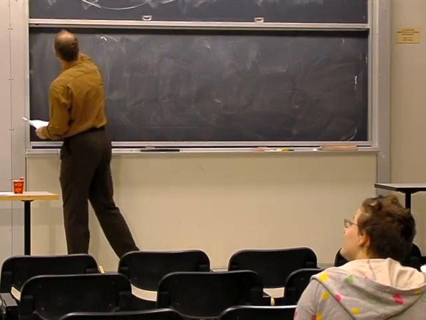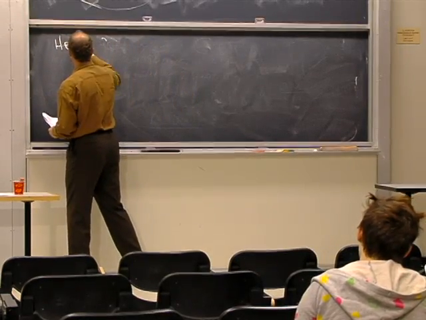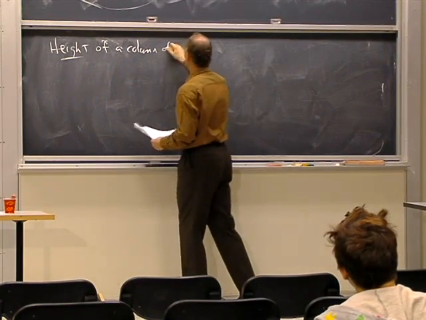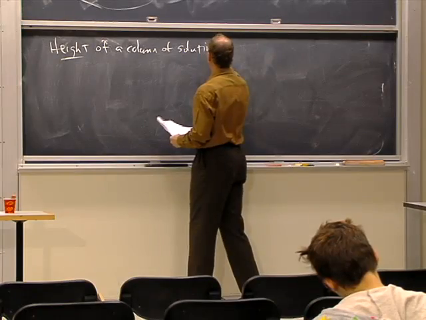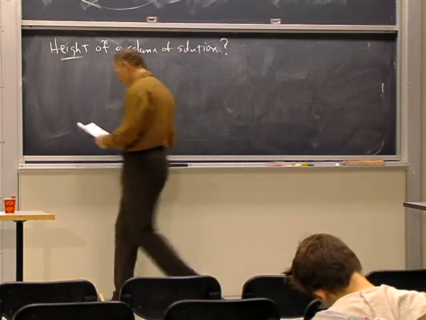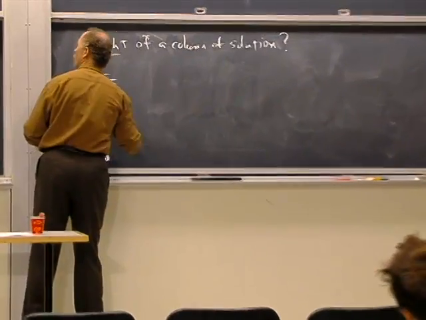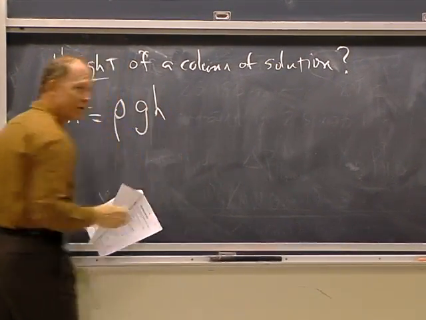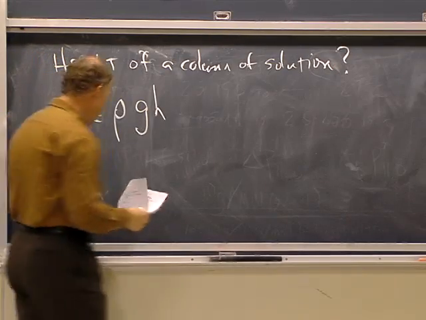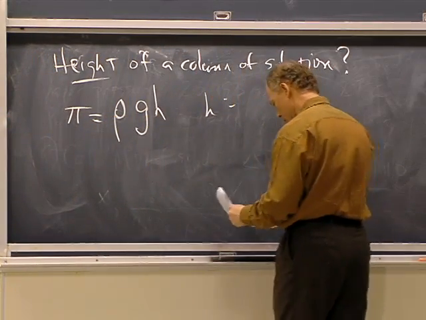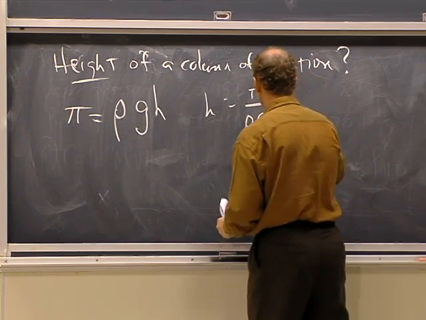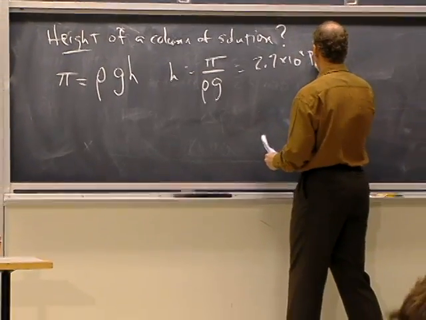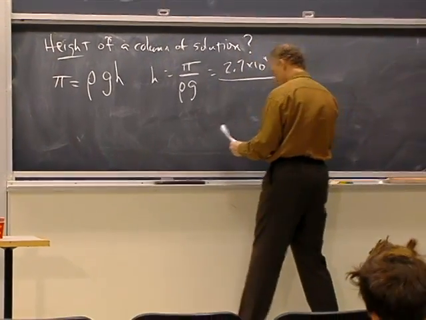So what's the height of a column of solution? Well, that pi, remember, that's equal to rho times g times h, right? And we know pi now. So h is pi over rho times g. So it's 2.7 times 10 to the 4 Pascal over rho.